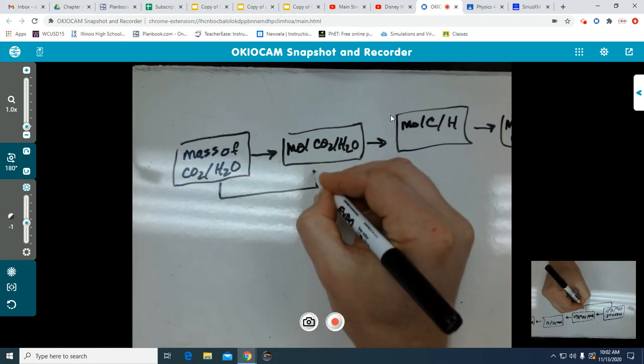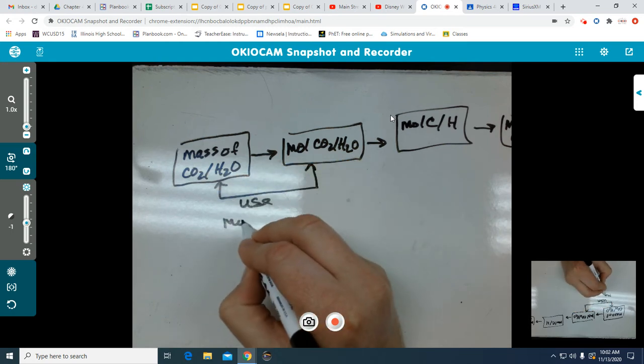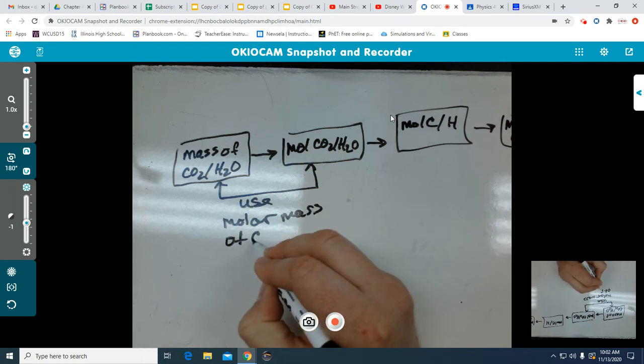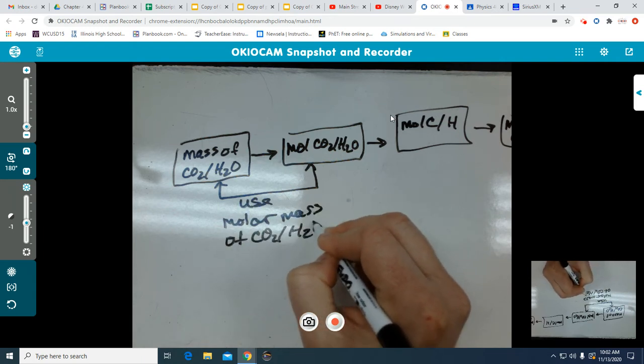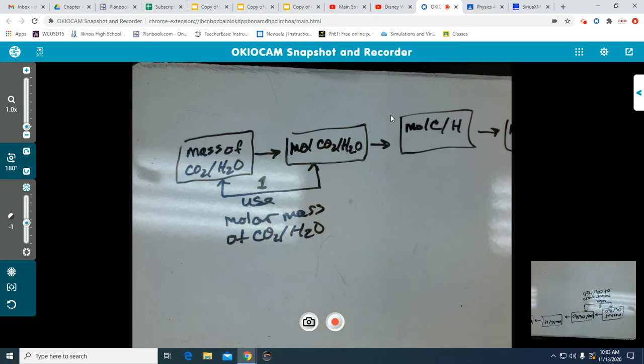So in this step here, you are going to use the molar mass of CO2/H2O. Okay, that's step 1.